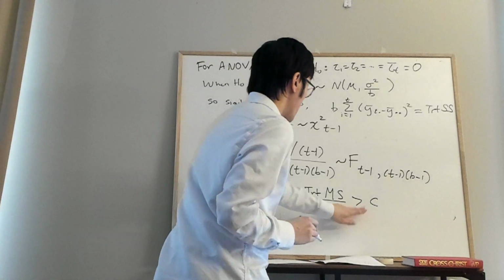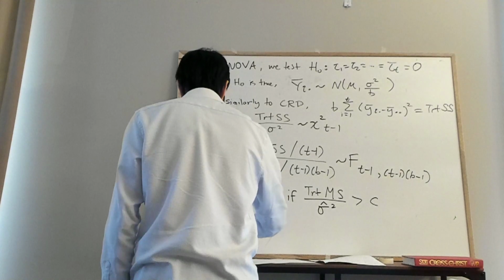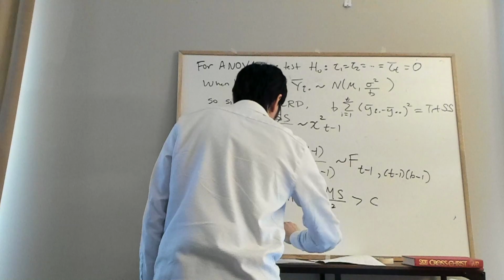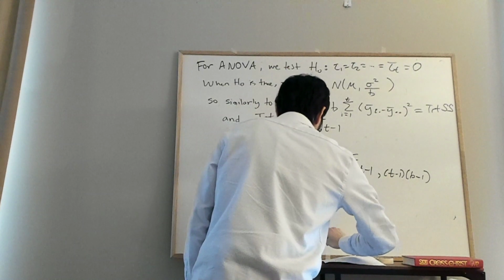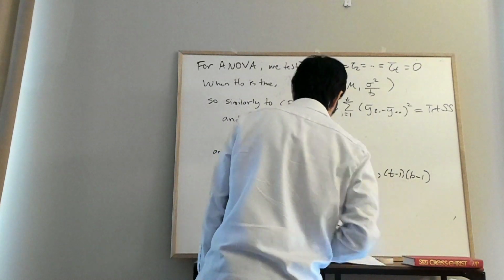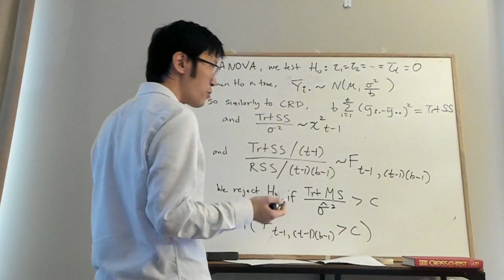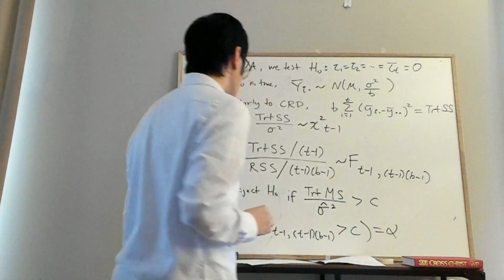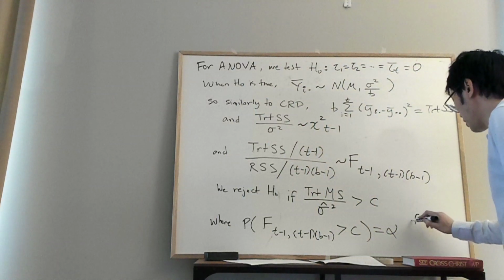We look up the quantiles of this F distribution: the probability in the reference F distribution with t minus 1 degrees of freedom in the numerator and t minus 1 times b minus 1 in the denominator. We reject if the statistic is larger than the quantile, with probability equal to the significance level alpha. So this alpha is for a level alpha test.